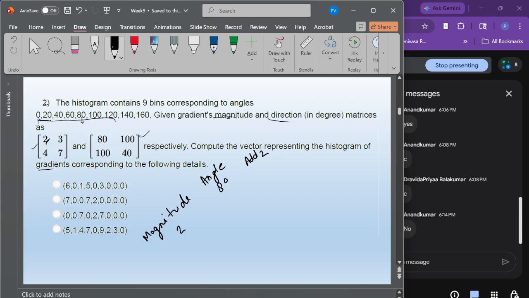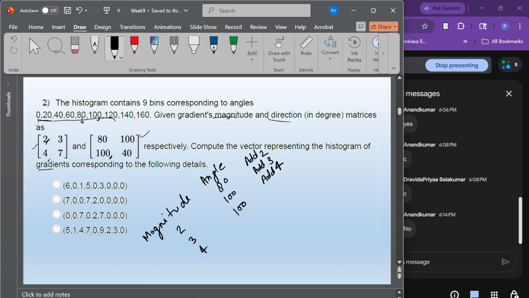Now the next magnitude is 3 and the angle is 100, so at the corresponding angle we need to add 3 in the gradient. Similarly, the magnitude is 4 and the angle is 100 again, so at 100 we again add 4, because we are just calculating the gradient of the corresponding angle.